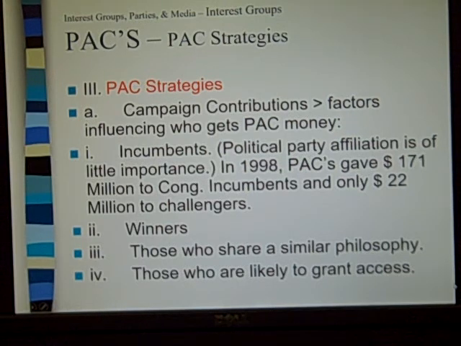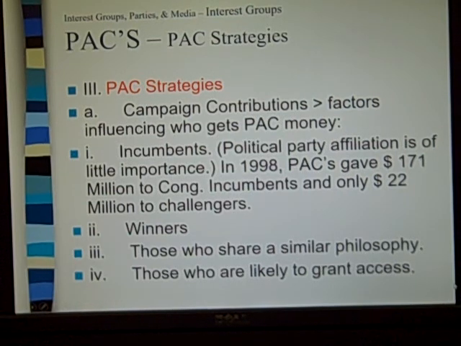And incumbents have this advantage because interest groups and political action committees are basically organizing themselves around some sort of ideology or some sort of issue. And they will then give money to incumbent candidates who have a proven voting record to support that issue or that sort of ideology or philosophy. And so what we see is that a vast majority of the money from PACs goes to the incumbent.